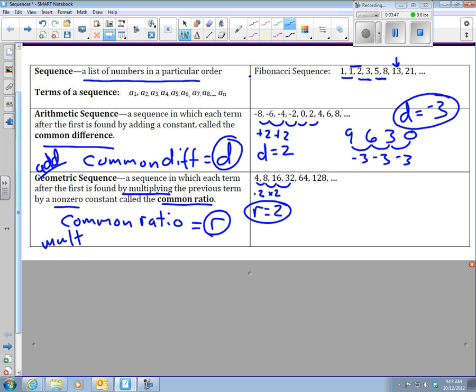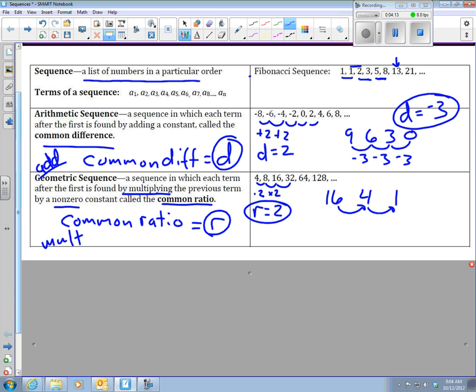And you can also have problems like this: 16, 4, and 1. 16 to 4, the common difference is 12, but between 4 and 1 it's not 12. So once again, we're not adding or subtracting anything. 16 to 4, you're actually dividing by 4, and 4 to 1, you're dividing by 4.